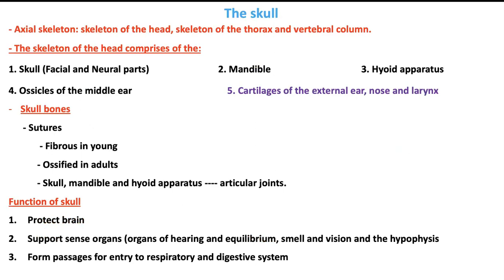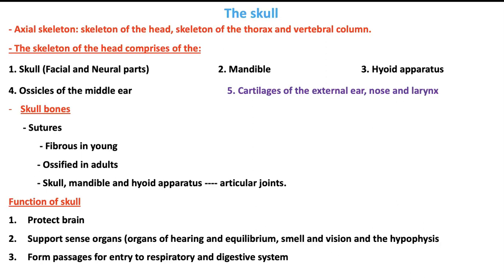The skull belongs to the axial skeleton, which, as you know, includes the skeleton of the head, thorax, and vertebral column. The skeleton of the head consists of the skull, which has a facial part and a neural part, then the mandible, the hyoid apparatus, the ossicles of the middle ear, and the cartilages of the external ear, nose, and larynx.